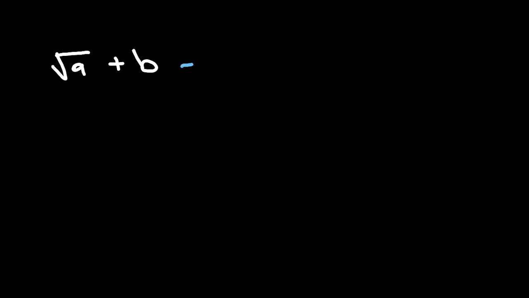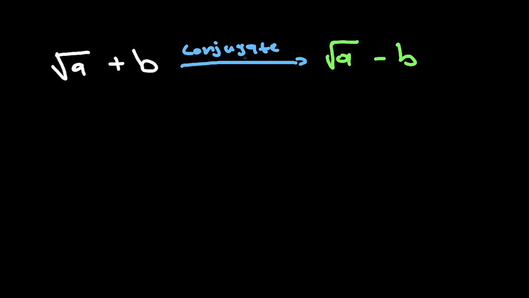The conjugate for root a plus b is root a minus b, with a minus sign in between. And the conjugate for root a minus b is root a plus b. So it is a reverse.